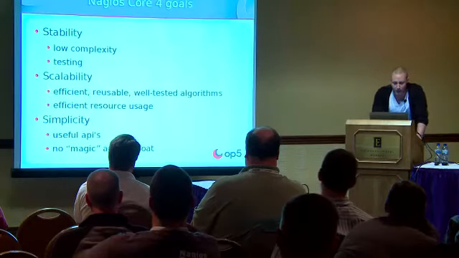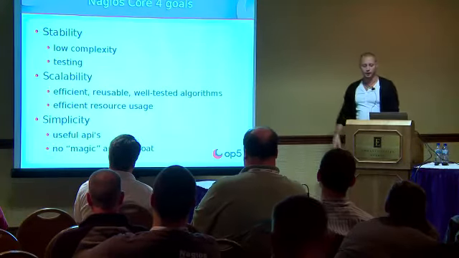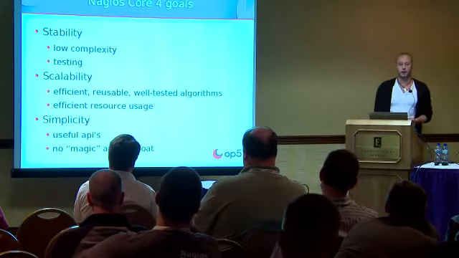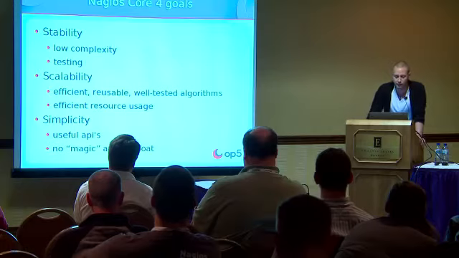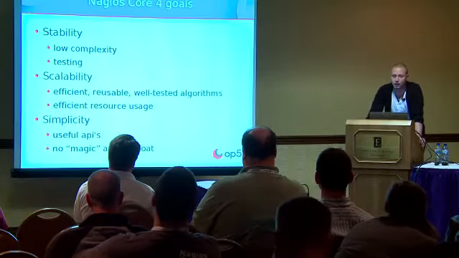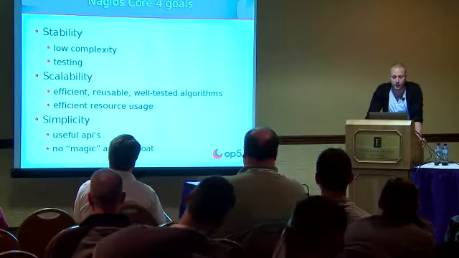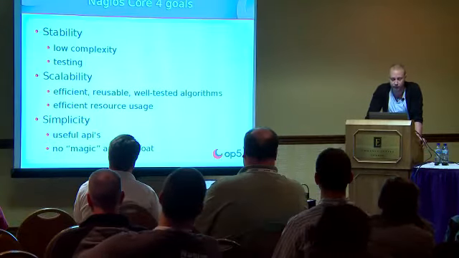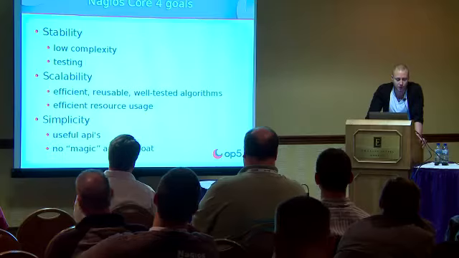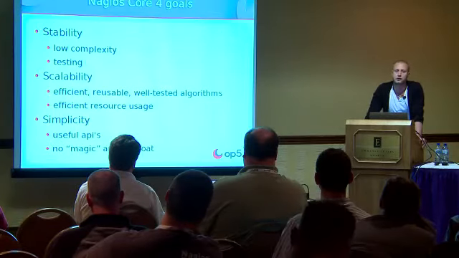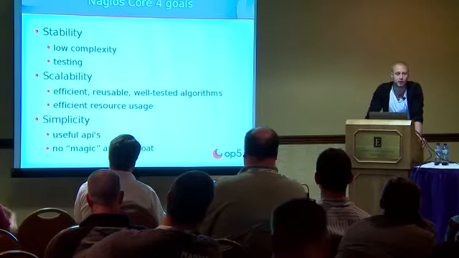A few of the goals that we had was that we want to keep Nagios stable. It is stable now, it's working very well. We want to increase the scalability so that we can increase the performance, basically, of all parts of Nagios so that they work as fast and as good as possible. We want to keep the simplicity. One of the very, very key features of Nagios that has made it so successful is that anyone can write a plugin.